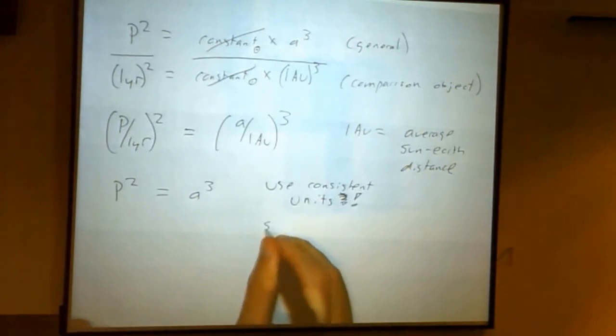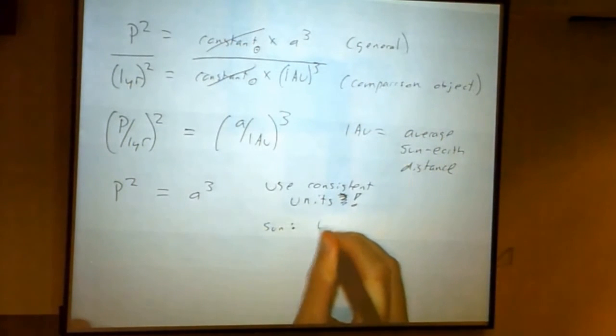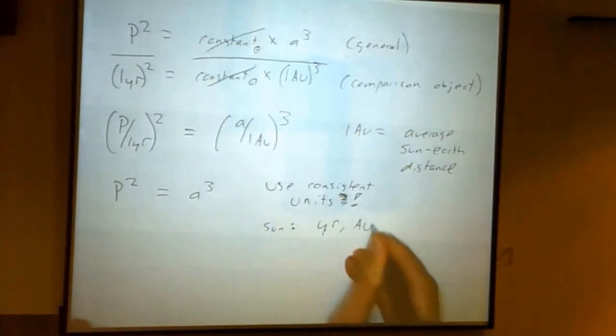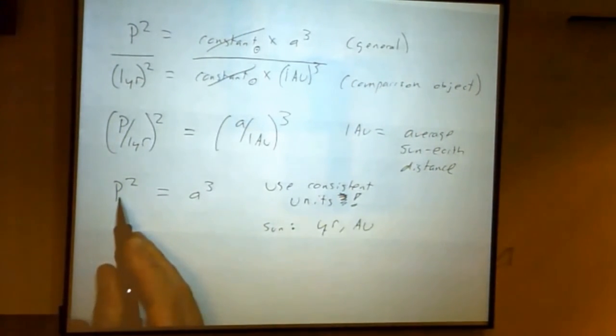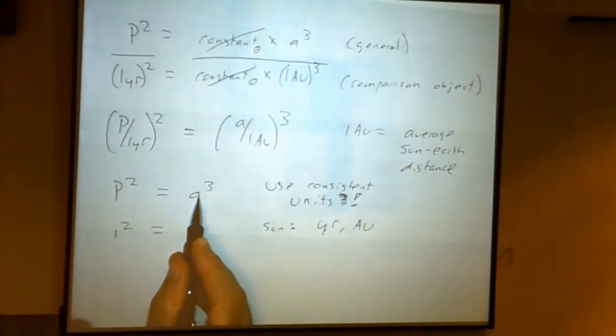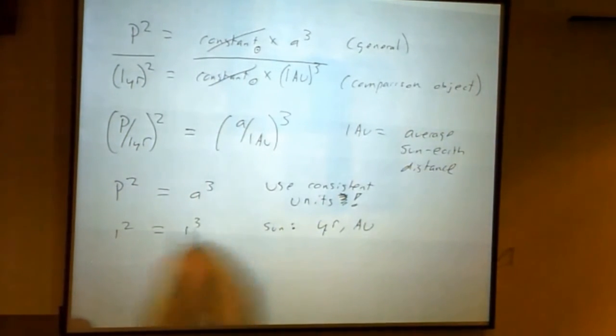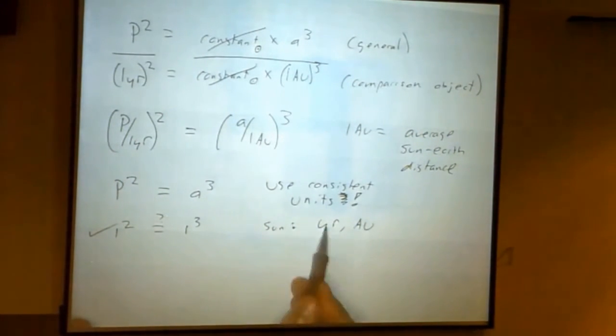If the sun is your central object, years and AUs are consistent units. We can check. Let's consider the case of the Earth. Earth goes around in 1 year, so 1 squared. It says semi-major axis of 1 AU, 1 cubed? Yes, that's true. So we just checked it for the Earth, and it would be true for anything else going around the Sun as long as we use years and AUs.